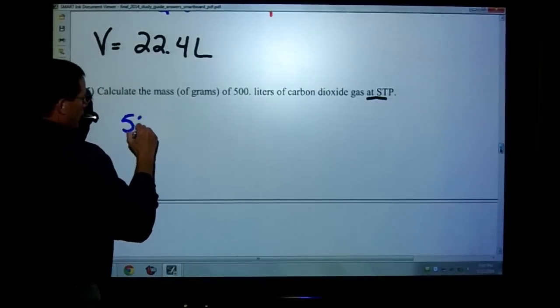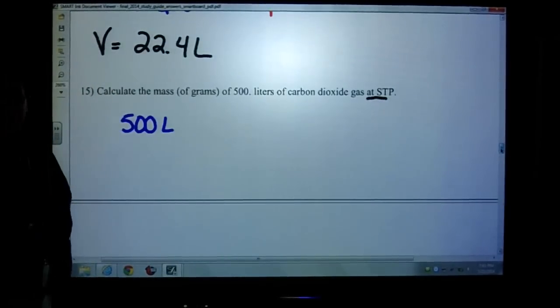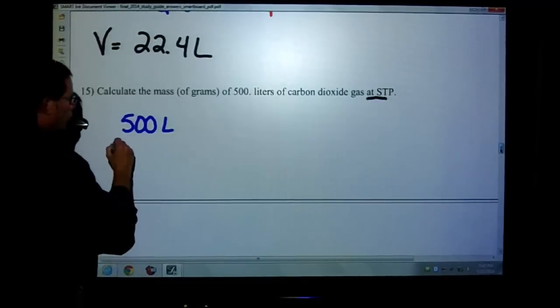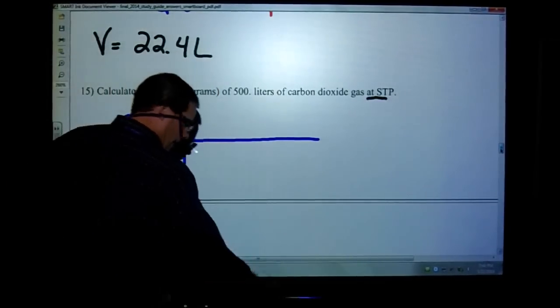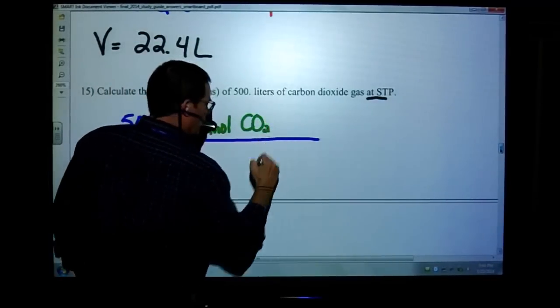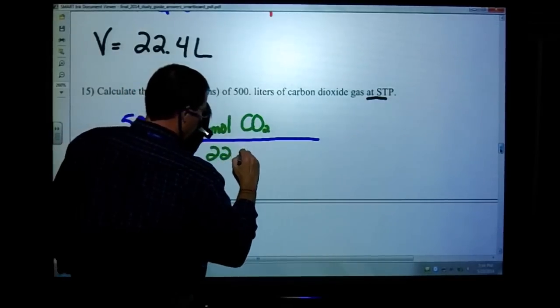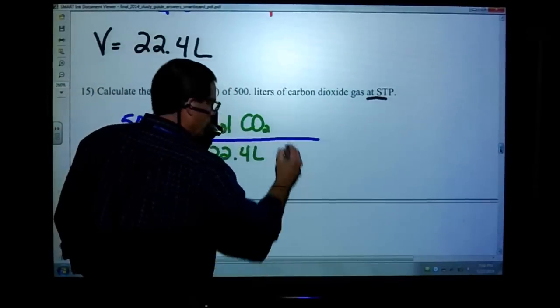So I have 500 liters of carbon dioxide. But let's get this to moles first so that we can do some conversions. So 1 mole of any gas, of CO2, under these conditions happens to be 22.4 liters. Units of liters cancel out, which is very nice.